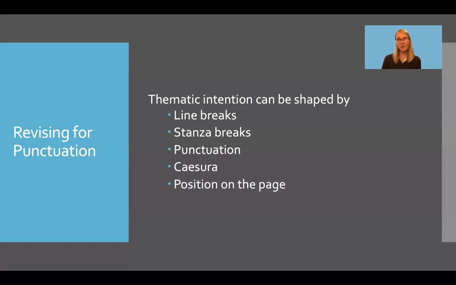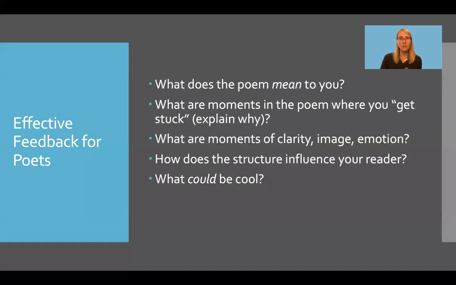It's kind of an extra layer on the work you're already doing with all of the strategies that you're using in prose. So as you're looking at your own poems and revising, and also looking at other poets' poems in the course, I recommend you think about, what does the poem mean to you, right? You read the poem, stop, right? What does it mean to you?